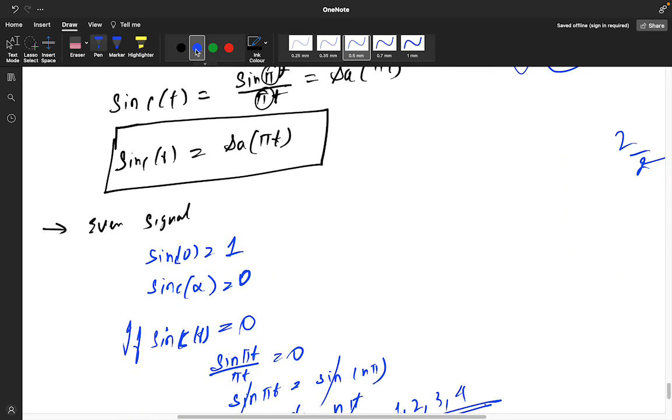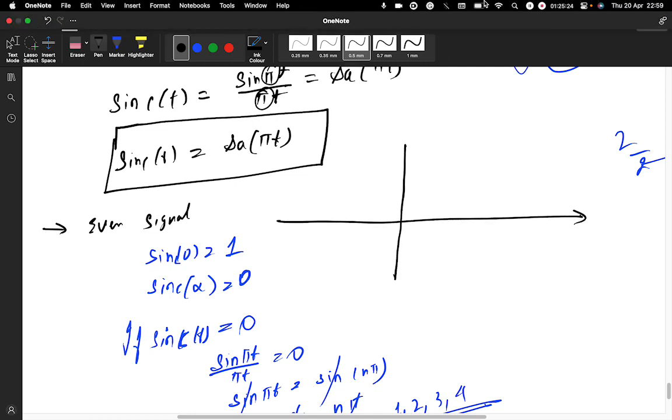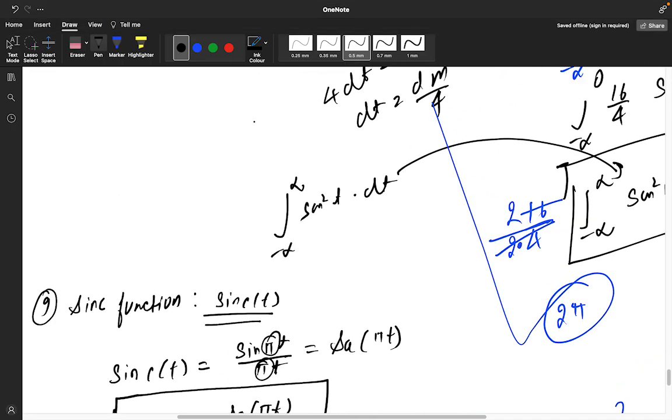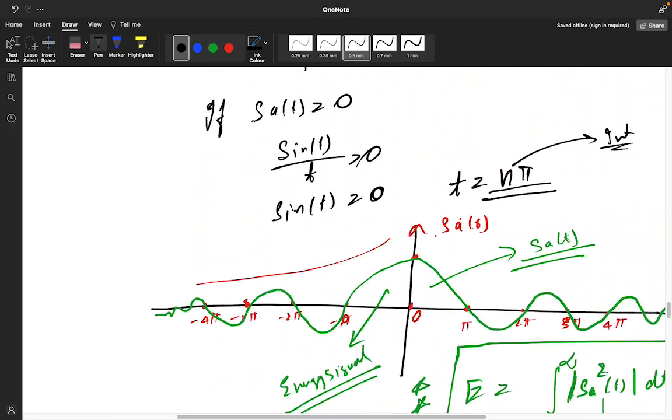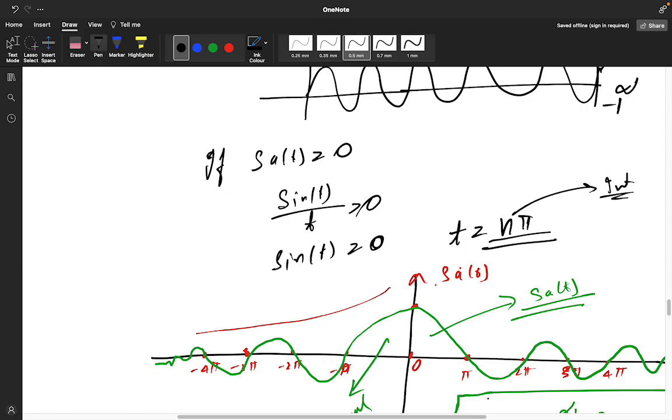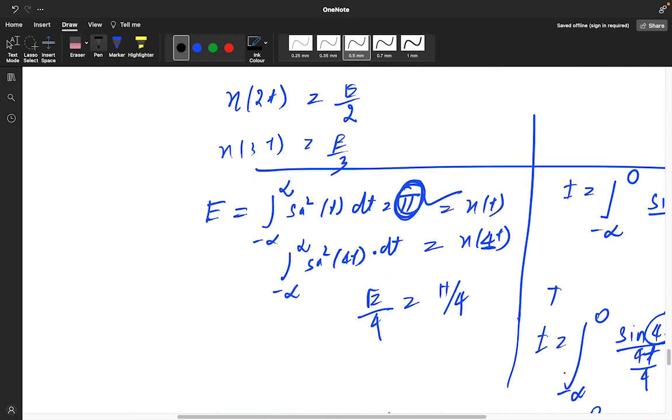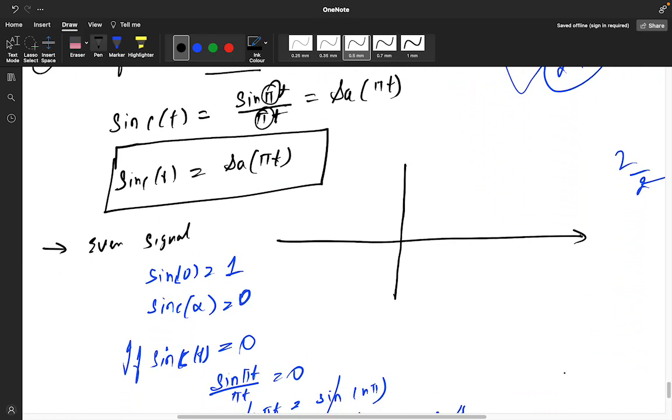So the same curve will be there, but here pi is automatically taken. In the sampling function, we have to assume pi, like 0, pi, 2 pi, 3 pi. Here pi is automatically assumed, so we don't have to write pi, we just have to write t.